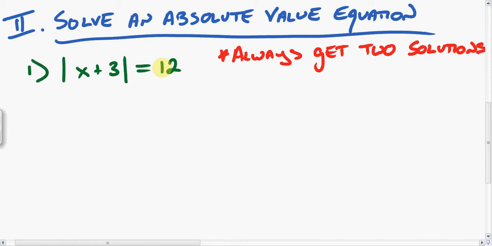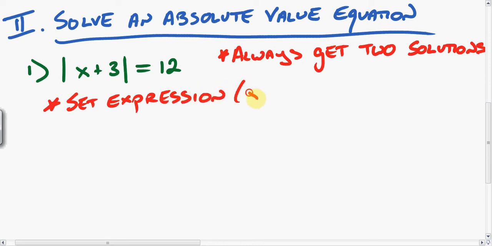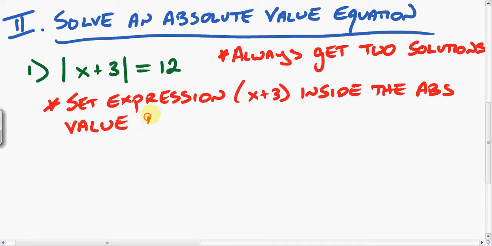You know you're going to get two solutions, so what you want to do is essentially drop your absolute value bars, and set the expression inside the absolute value bars, which in this case is x plus 3, equal to positive 12 and negative 12.